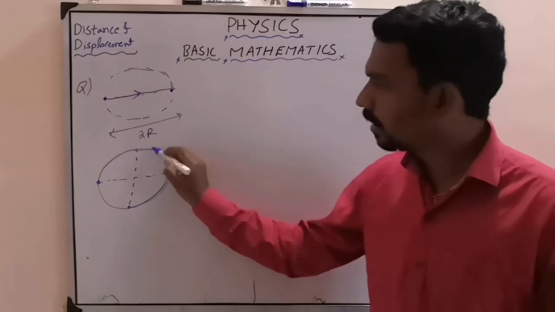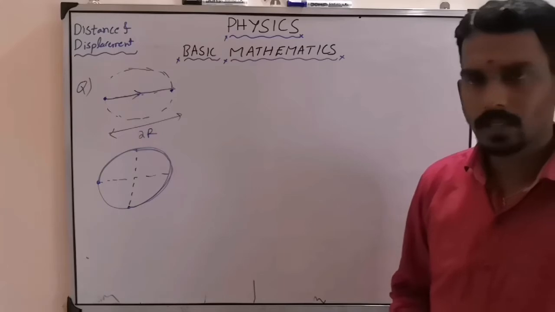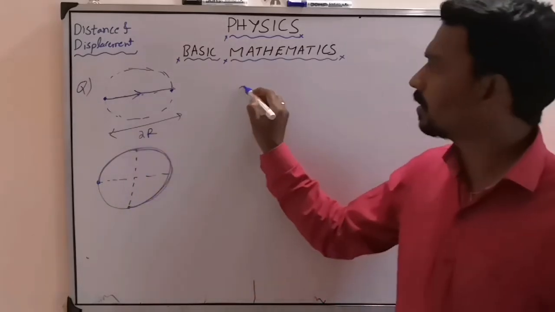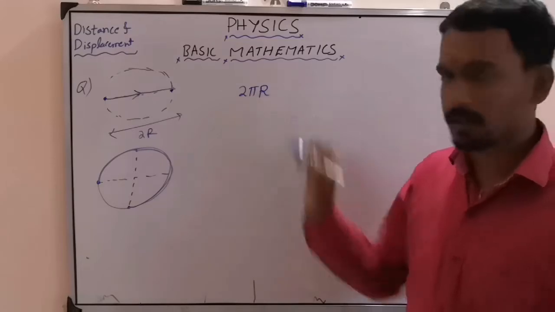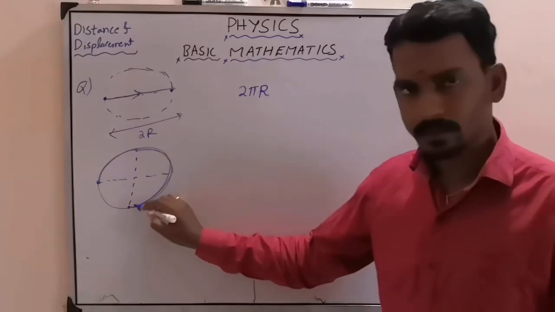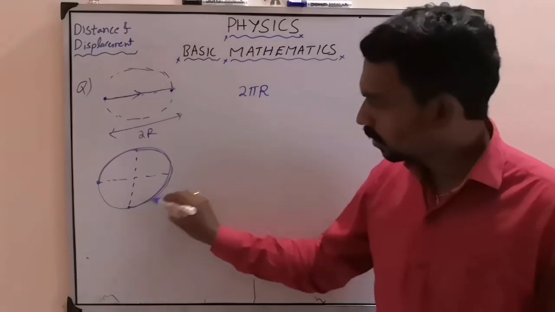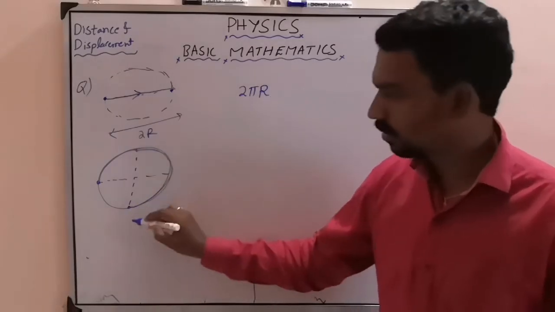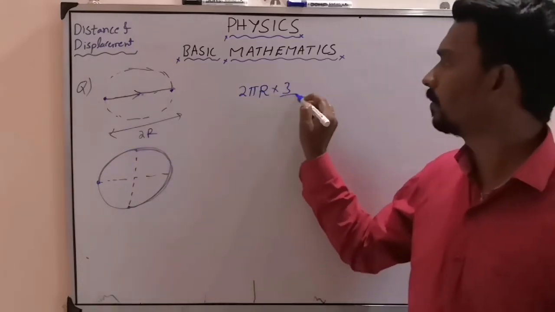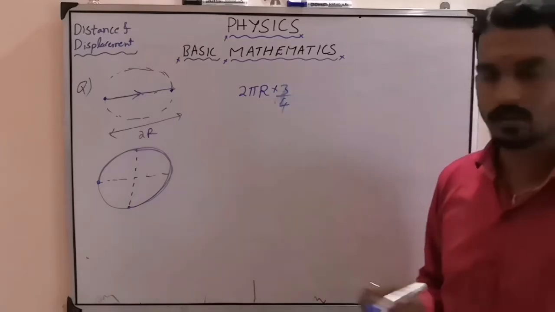Then what is the total distance covered, if they ask? See, total perimeter is 2 pi r. Now 1/4 means divided by 4, 2 means divided by 2, 3 means 3/4.